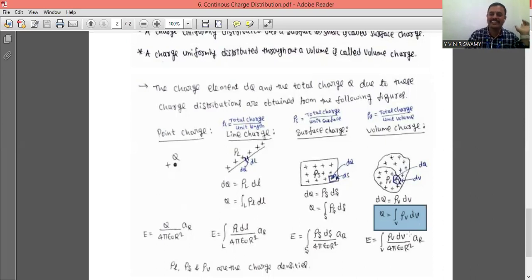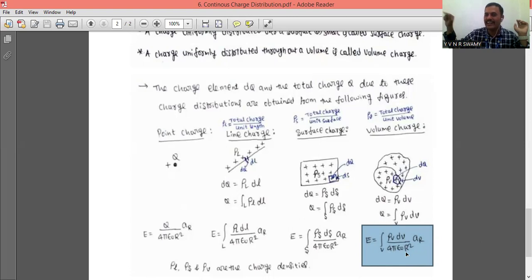The obtained electric field equation due to volume charge is E equal to volume integral of rho V dV by 4 pi epsilon naught r square along AR direction. So that is the electric field intensity due to a volume charge.